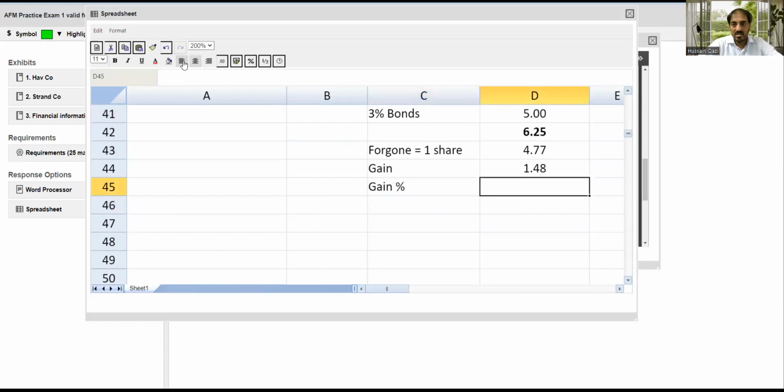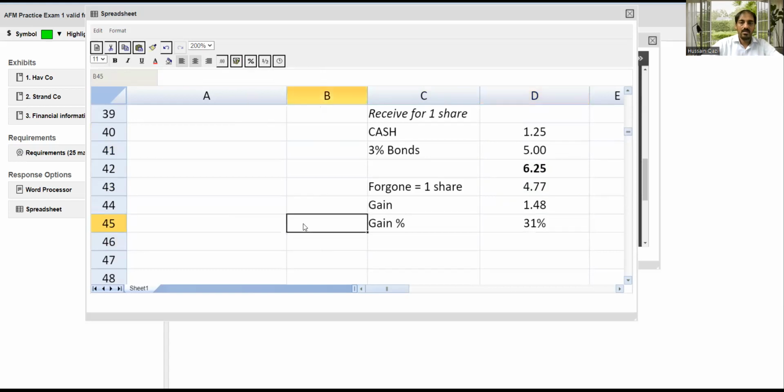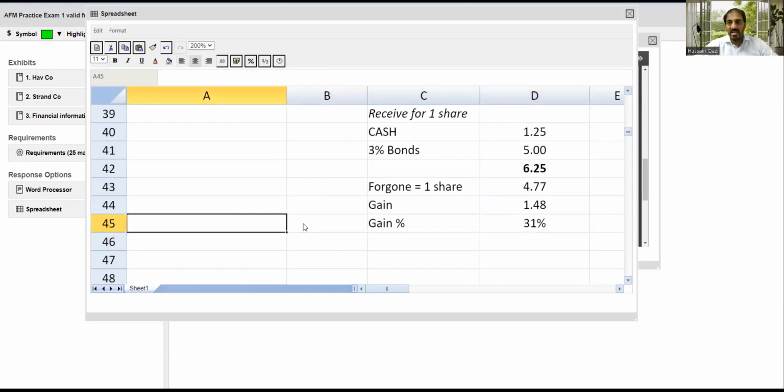Gain percentage is equal to 1.48 divided by this. That is 31%. That is the point. Can you please reply to me? Is that clear, all of you?